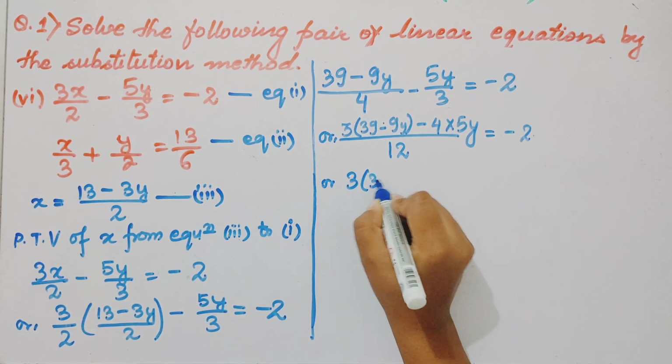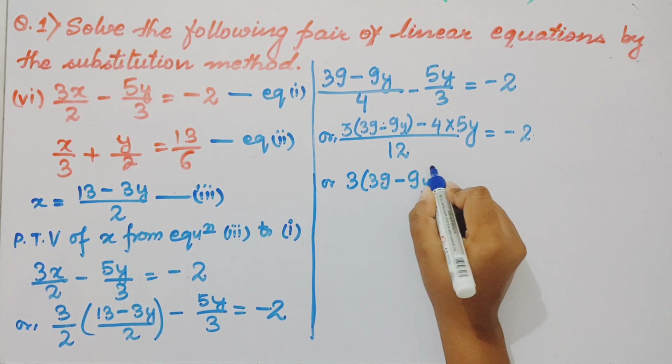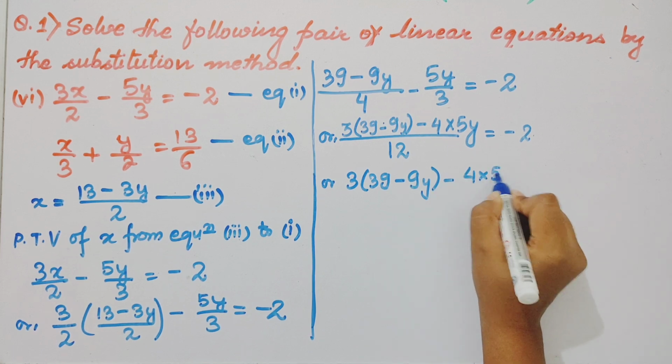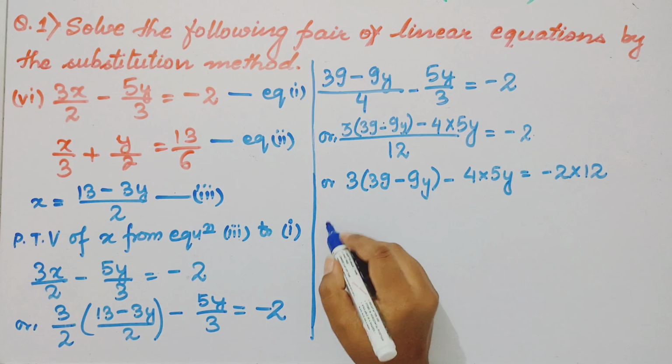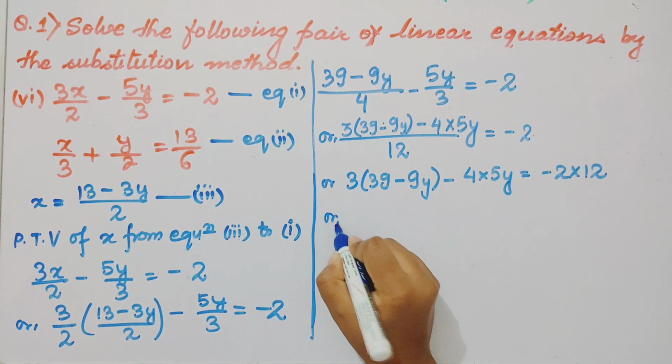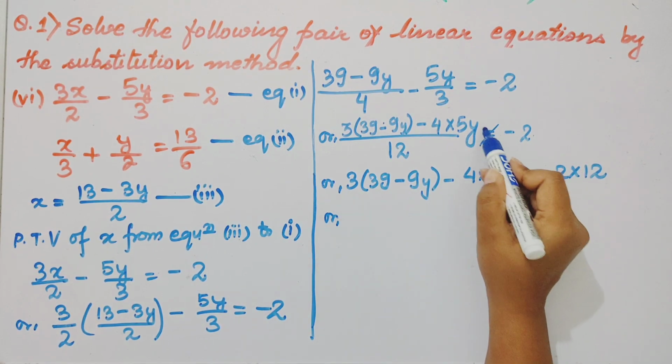Now it is 3 into 39 minus 9y again minus 4 into 5y equals minus 2 into 12. 12 will be transferred to the numerator. This is cross multiplication.